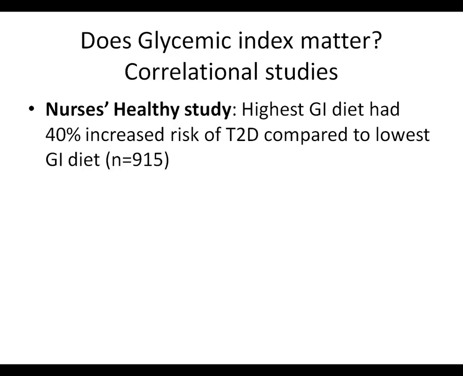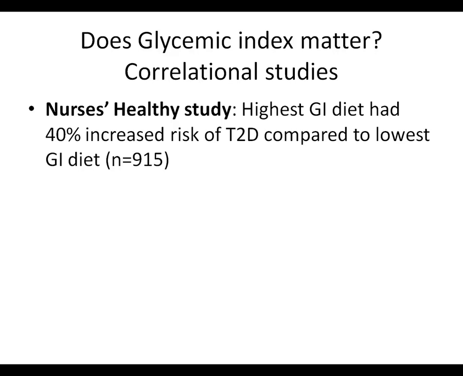So they went back and did a case control study and matched those 915 nurses to 915 matched controls who didn't have the disease, and then they looked at the correlation between the glycemic index of their diet and which group they were in, whether or not they ended up with type 2 diabetes.